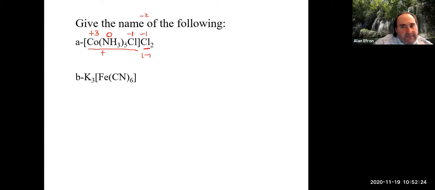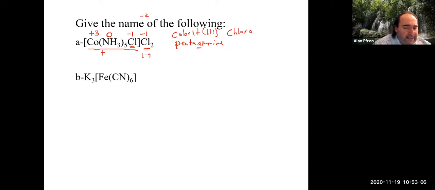Also, because our complex ion is positive, that's going to tell us that we can just use the regular name for cobalt. So we have cobalt, Roman numeral 3 here. We also have 5 of the ammonia, and that is known as pentaammine. We also have 1 of the chloride, which is chloro, and that is all of our complex ion part. We want to put it together in alphabetical order, ignoring prefix.